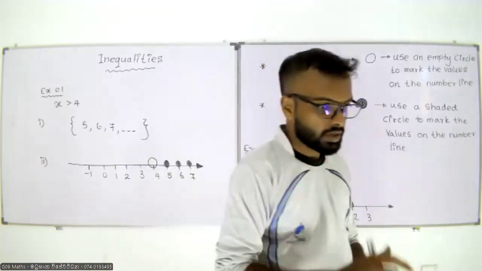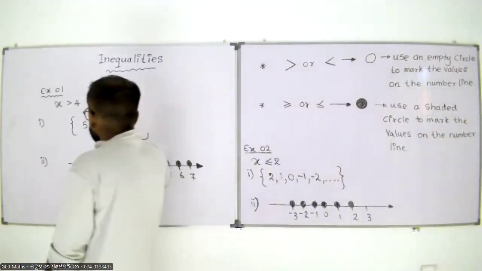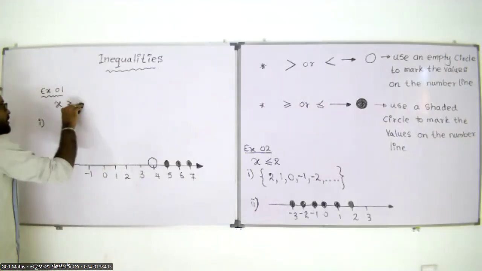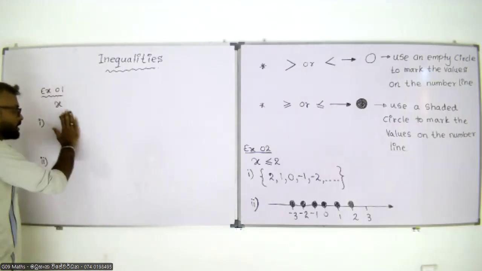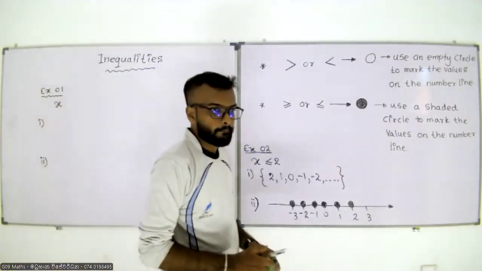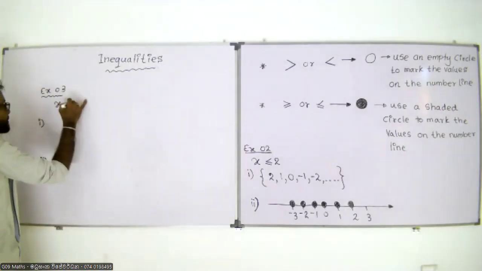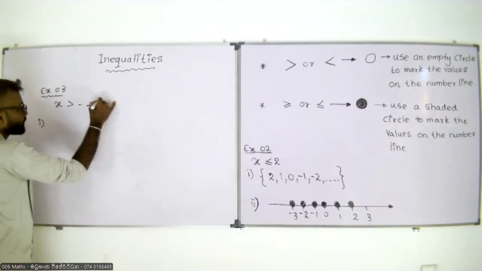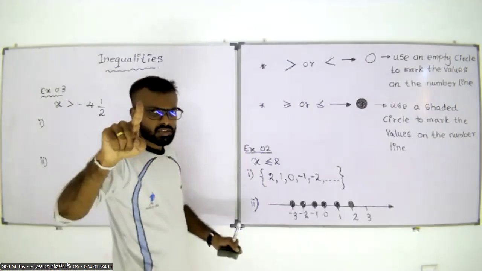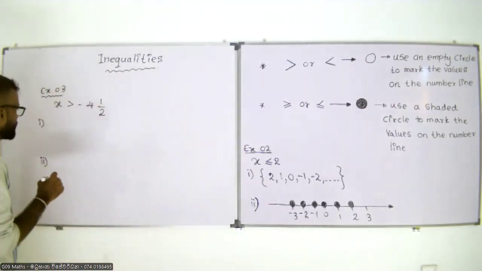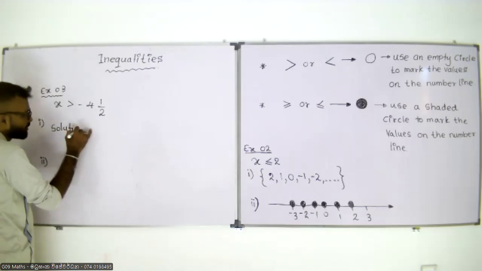So I will explain it again. Our inequality is x is greater than minus 4.5, and they are asking for the solution set.